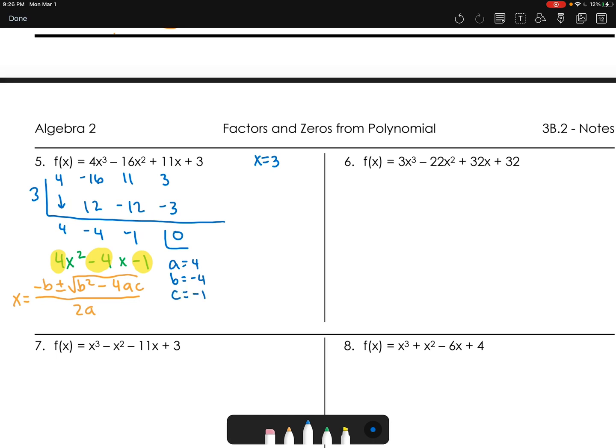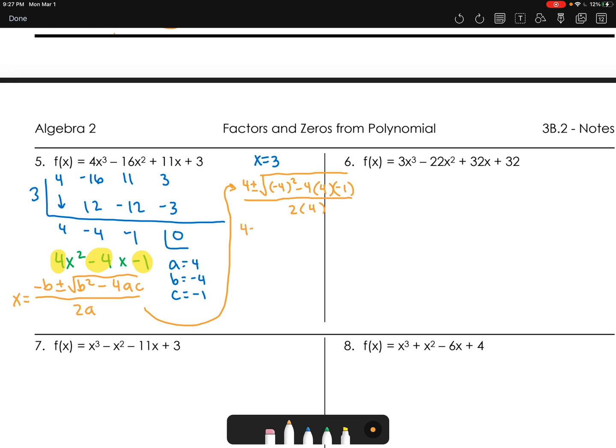Plug that into your quadratic formula, and I'm going to rewrite some notes up here. Okay, so you're going to end up with 4 plus or minus the square root of negative 4 squared minus 4 times negative 1, all over 2 times 4.